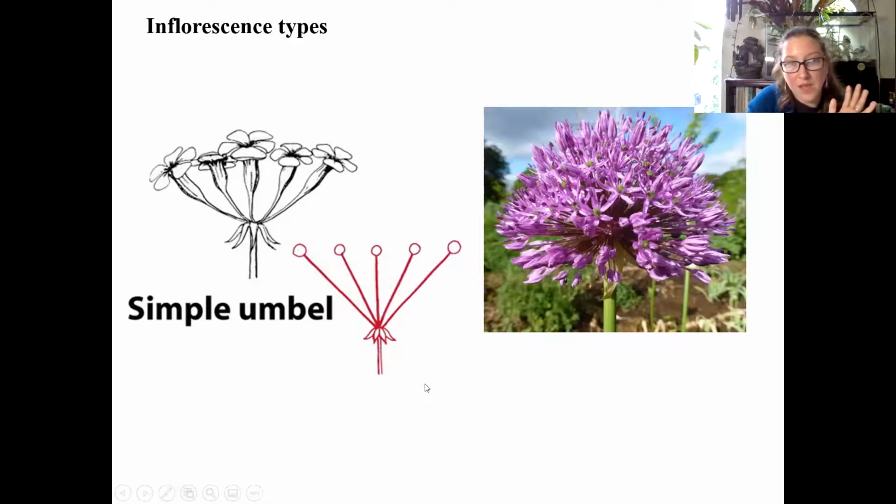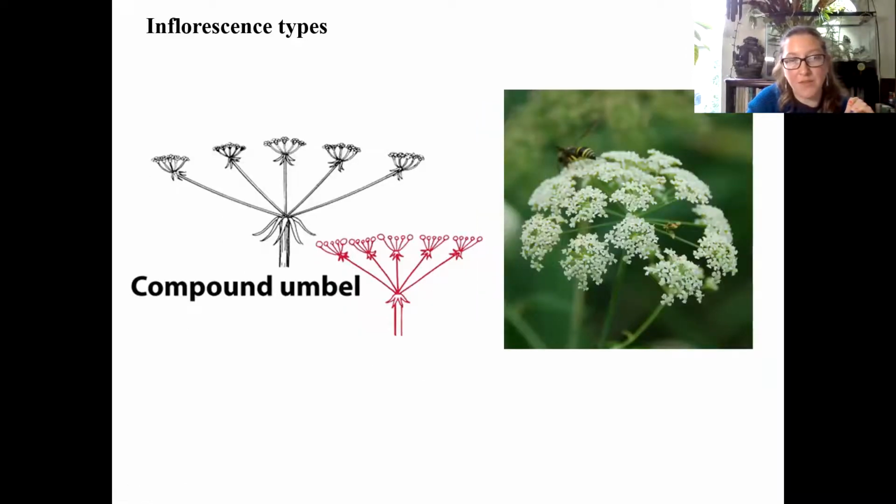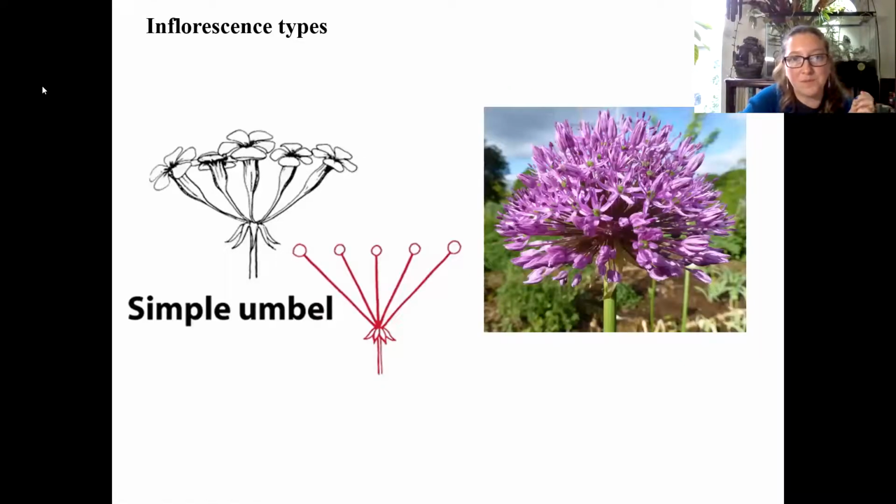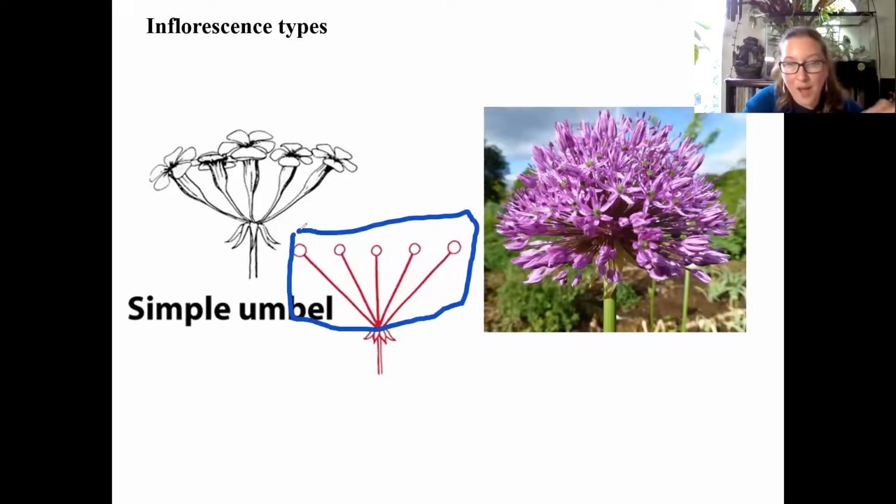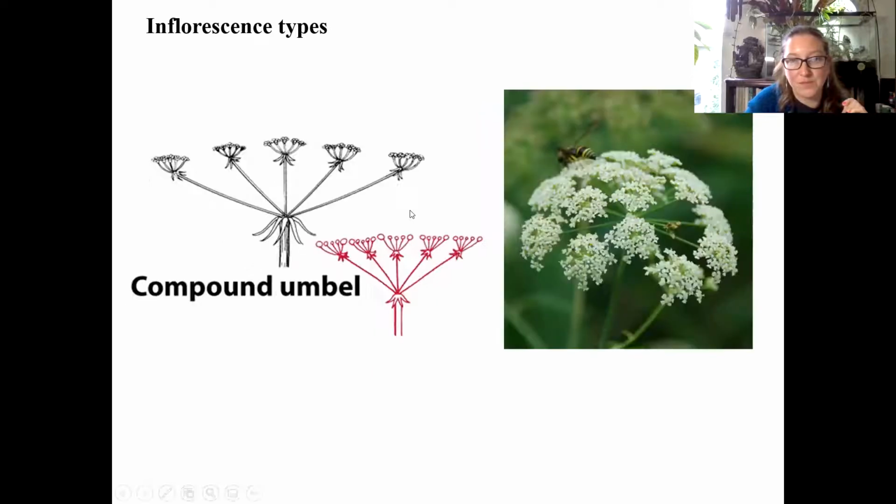Simple umbel, and then because plants are complicated, you also have compound umbel. Compound umbel is like an umbel of umbels. That's how you can think of it. Like here is one umbel, right? And on a compound umbel, instead of having a flower at the tips, you'll have another umbel. Like this. I think compound umbels are super cool. Just very, very interesting, pretty inflorescence shape.